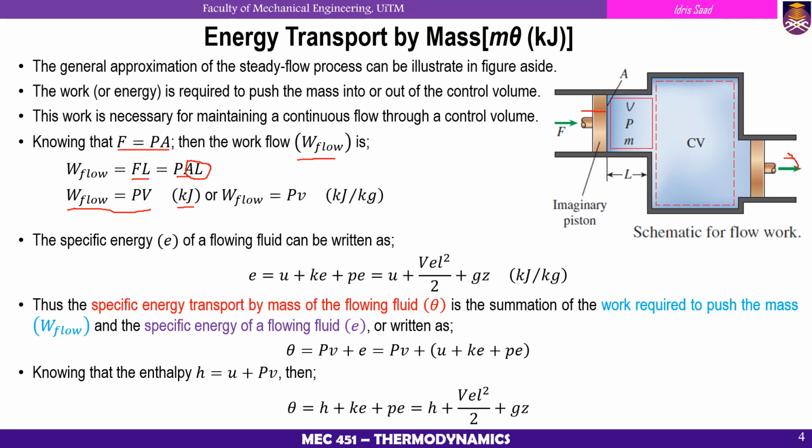Or we can use the specific flow work, which is equal to pressure times specific volume, so we will get the specific flow work in kilojoule per kilogram. The flow work, which is PV, is actually the energy required for maintaining a continuous flow through a control volume.